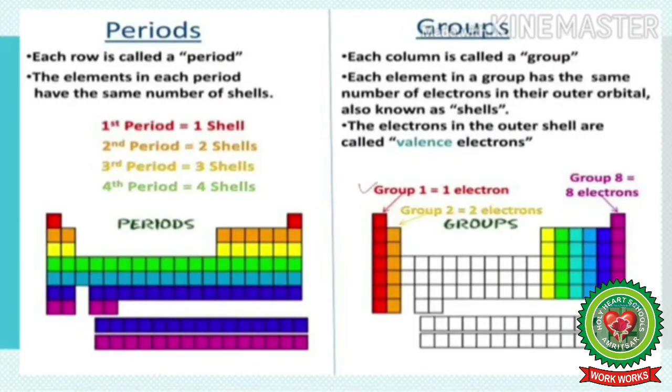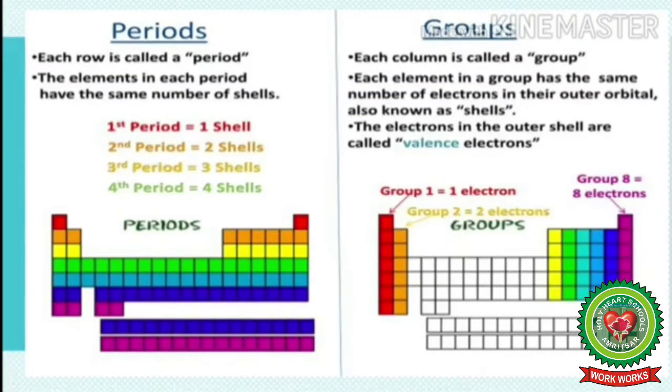For example, elements of group 1 will have 1 electron in their valence shell. Elements of group 2 will have 2 electrons in their valence shell. Similarly, elements of group 8 will have 8 electrons in their valence shell.